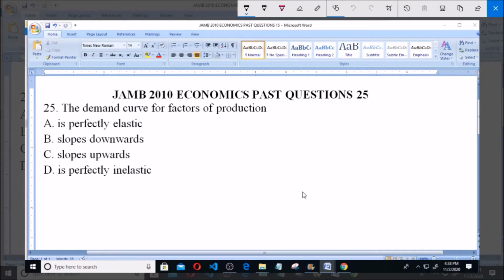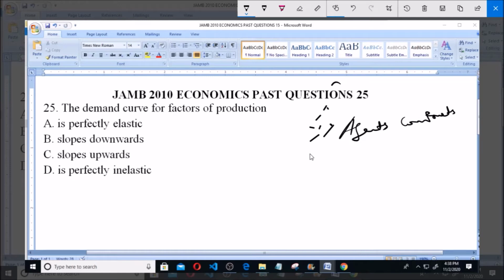Before we look at the options, let's look at what factors of production is. Factors of production refers to agents, components, or resources which are combined together to produce goods and services.